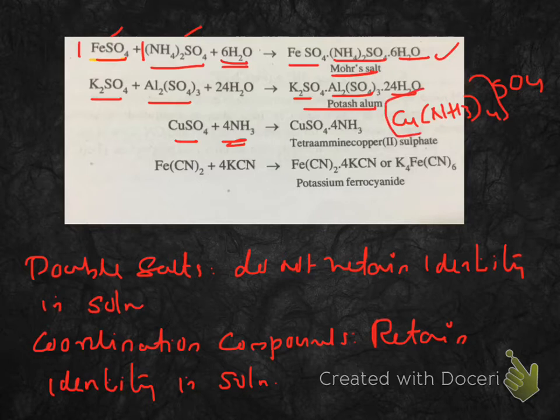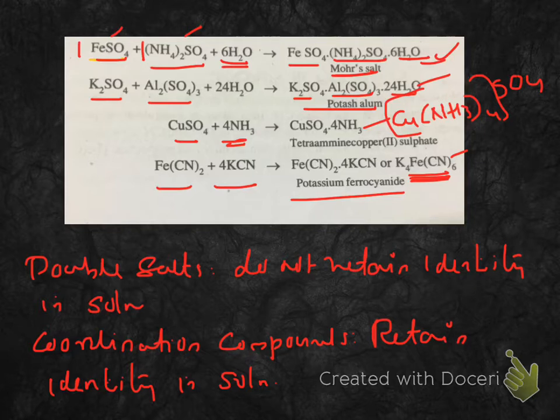The actual representation is [Cu(NH3)4]SO4. And Fe(CN)2 plus 4KCN in the ratio 1:4 also gives K4[Fe(CN)6], potassium ferrocyanide. All four of these compounds are addition compounds and they are stable too.